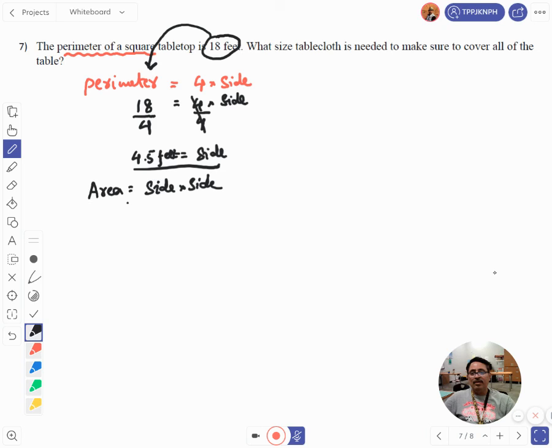That value to be plugged in here, which is 4.5 times 4.5. Make use of calculator. It is 20.25. The units are given in feet, therefore square feet. It's a pretty easy one, and I explained this in the previous session. So let me quickly jump to the last question for today's session.